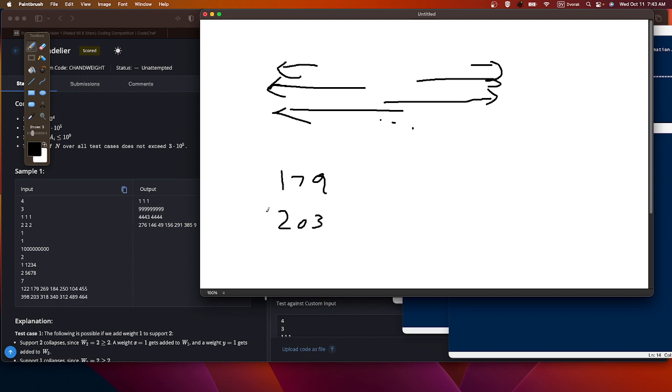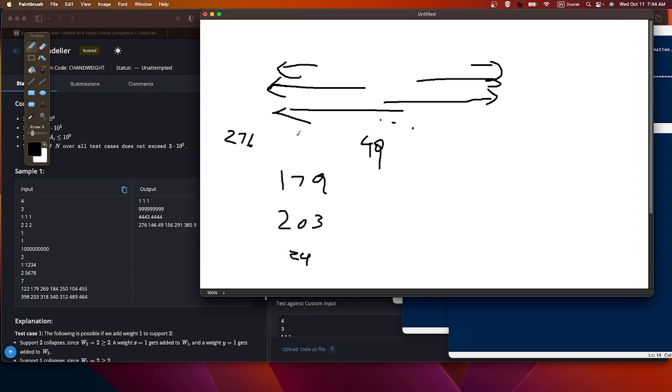Then our limit is the 203 here, and then the sum of what is required to cause that chain reaction on the other two. So for the leftmost one, we'd need 276 added in. And for the right one, we need 49. If we only consider the requirement to break down here, we get 24.